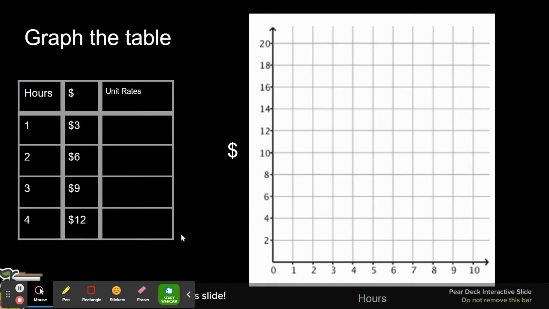All right, so same table here. And again, this is our x, this is our y. So this is (1, 3). This is (2, 6). This is (3, 9), and (4, 12).